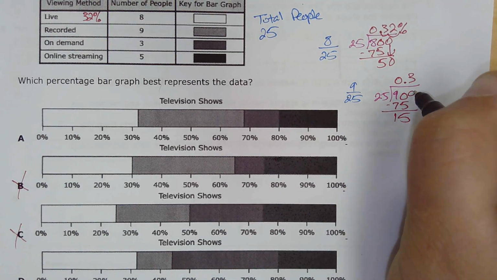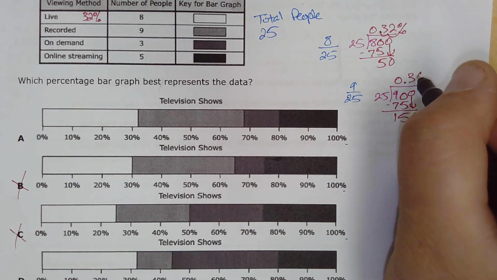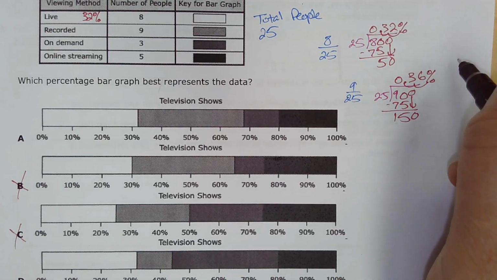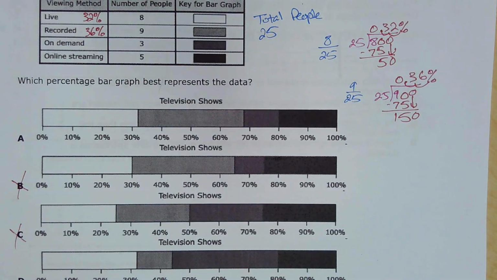The difference here is 15. Add a 0, drop it down. 25 will fit into 150 6 times. So again, swing it over. That's your percentage. 36% of people watch TV that's recorded.